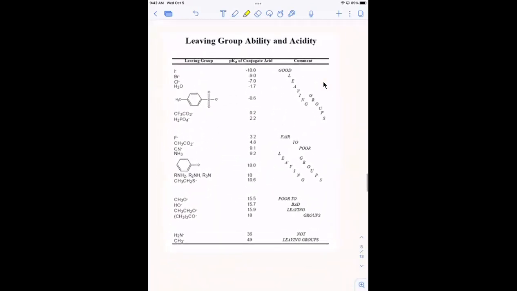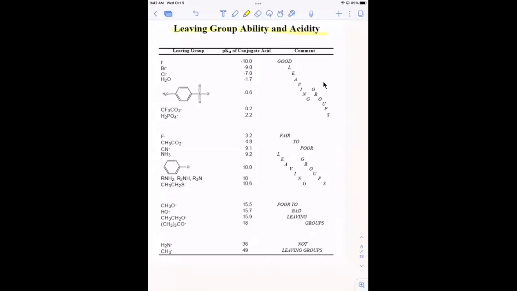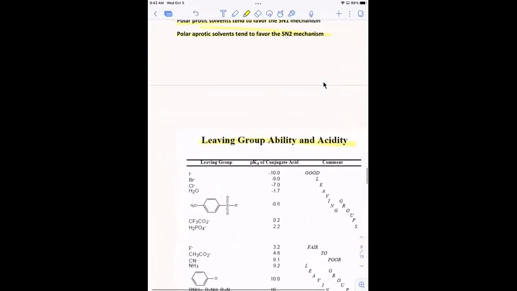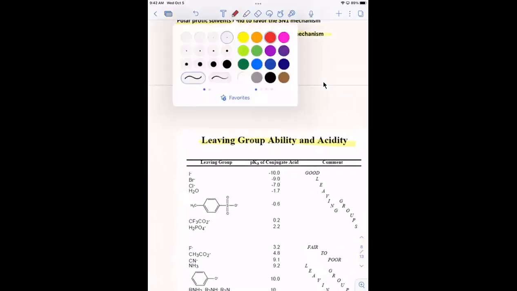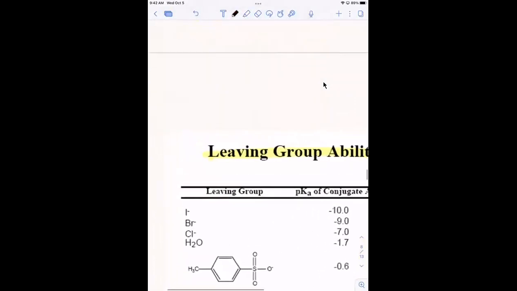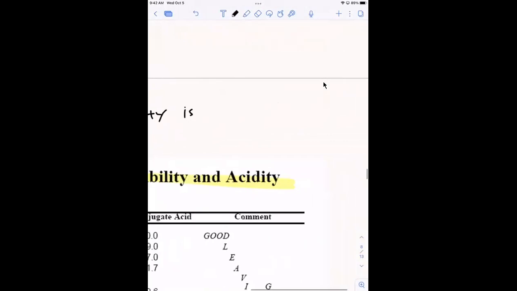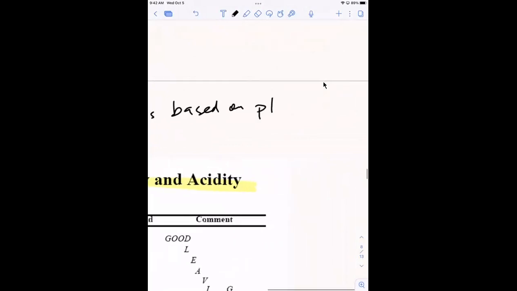So with the leaving group ability, this is really based on the pKa of the conjugate base. I'm sorry, the pKa of the conjugate acid.